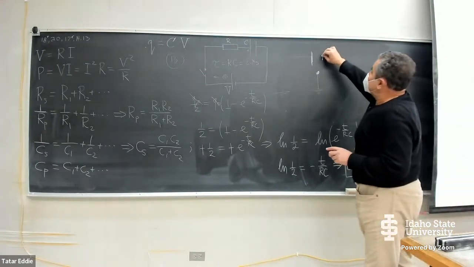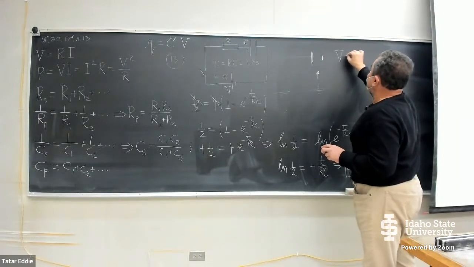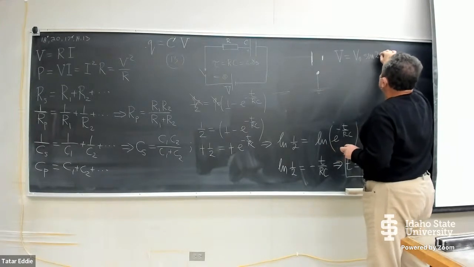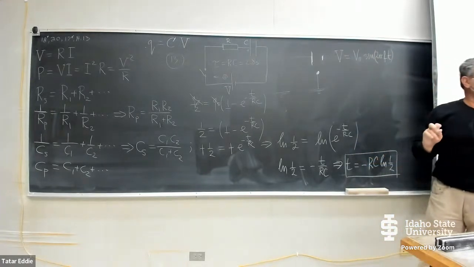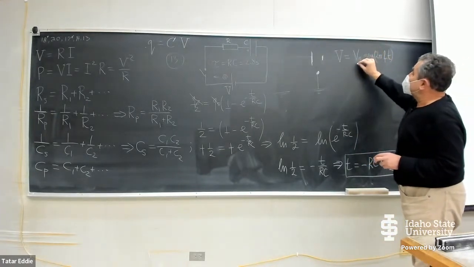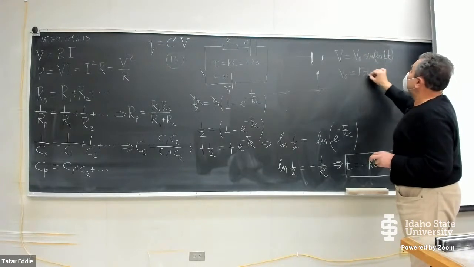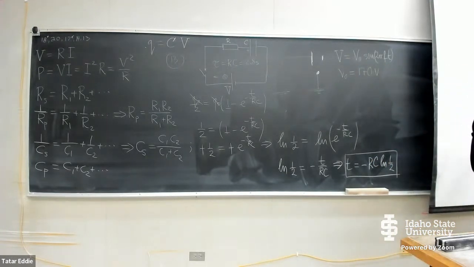Well, this terminal is connected to a voltage V equal to V naught times sine of 2 pi ft. In other words, it is AC voltage with amplitude V naught equal to about 170 volts. RMS value of this voltage is about 120 volts.